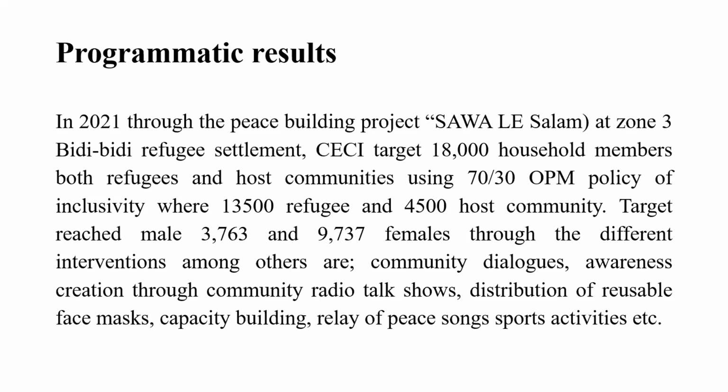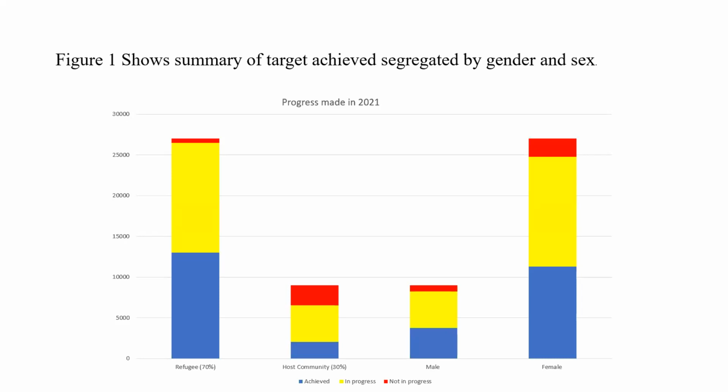We are able to reach a number of people, using the principle of 70-30. So this data is being segregated according to sex. It is summarized here in the chart.